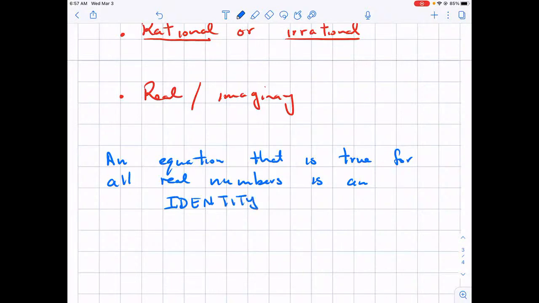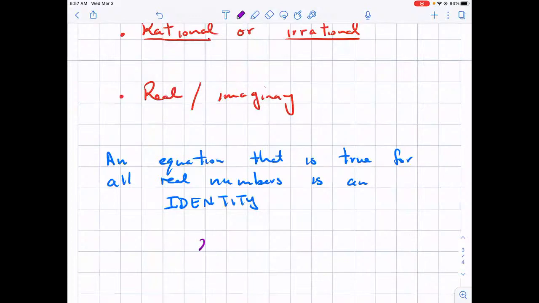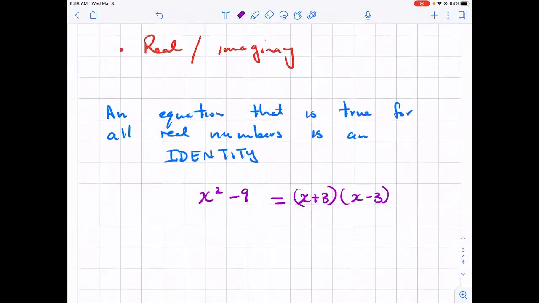An example of such an equation is if we have x squared minus 9 equal to x plus 3 times x minus 3. No matter what value you choose for x, the left side will be equal to the right side.